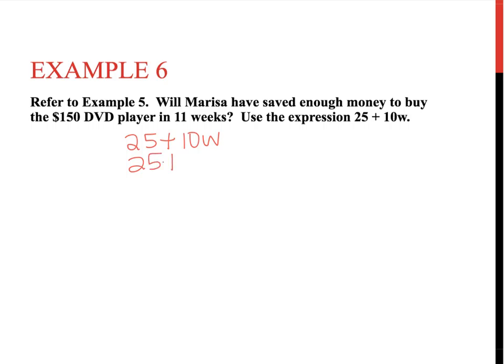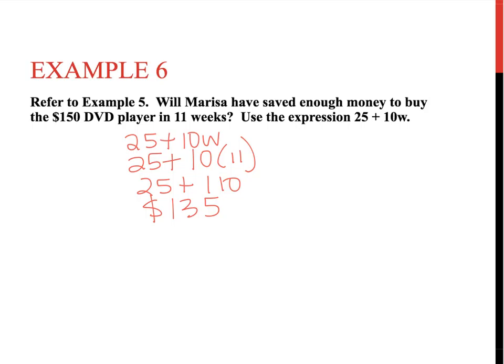Now we're going to substitute 25 plus 10 times 11 weeks. Now we do the multiplication first, so we have 25 plus 110, and that's equal to $135. So she needs to have $150, so she will not have enough money.